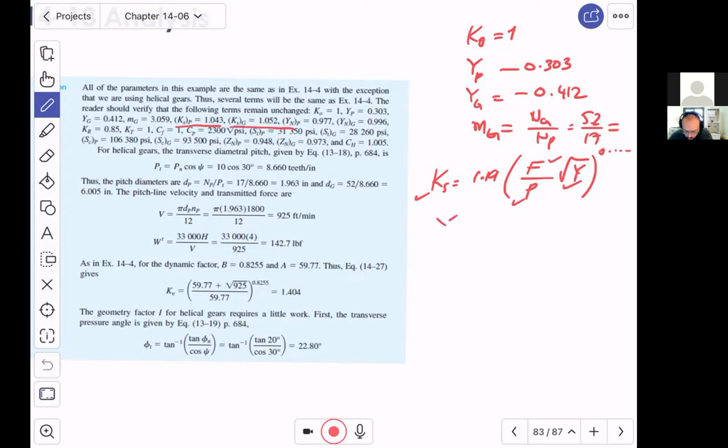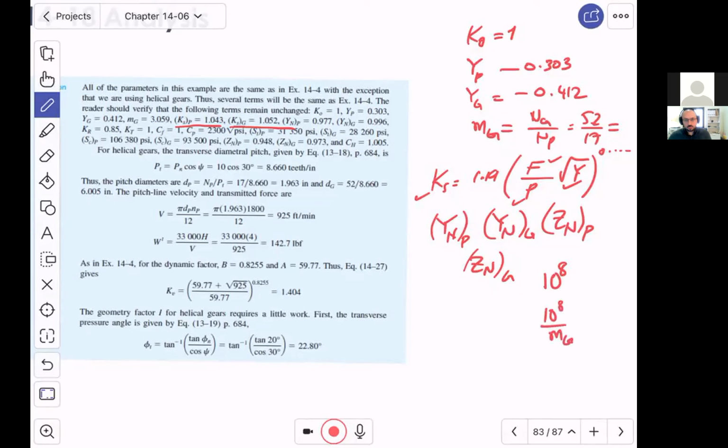Now, what is Yn for the pinion? What is Yn for the gear? What is Zn for the pinion? What is Zn for the gear? They are all dependent on the number of cycles for the pinion, which is 10 to the power 8, and the number of cycles for the gear divided by mg.